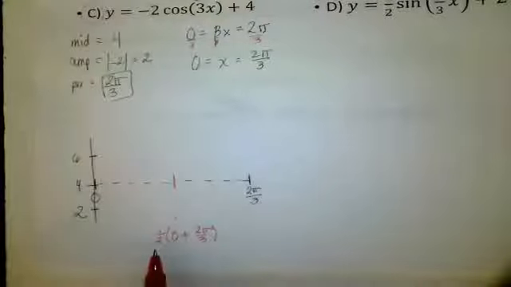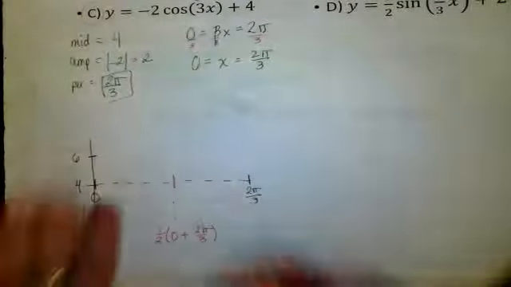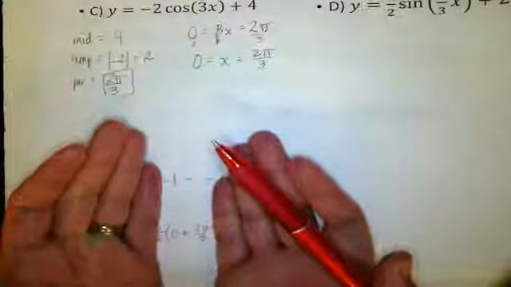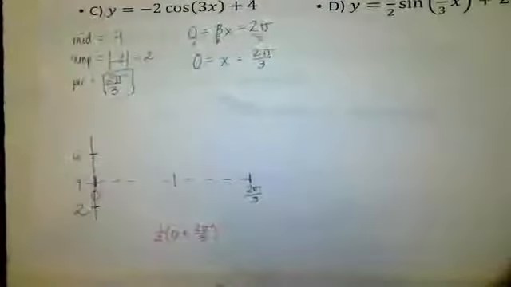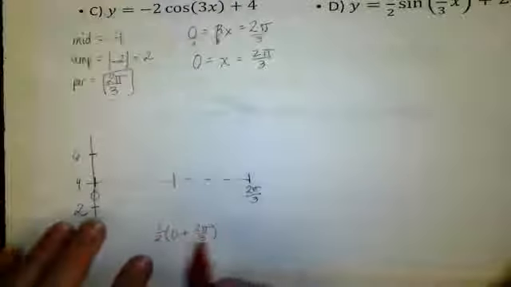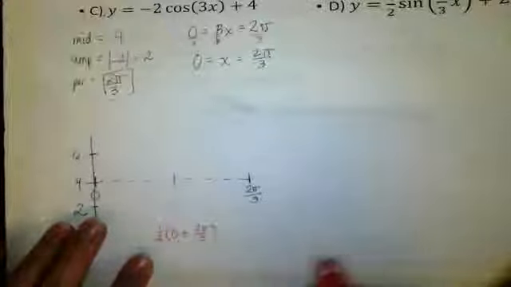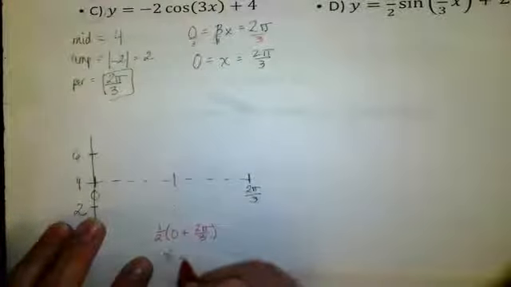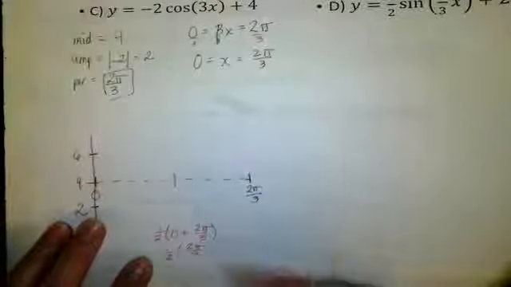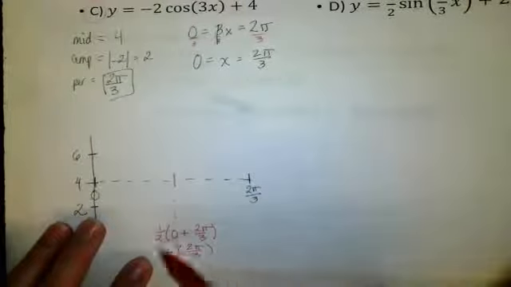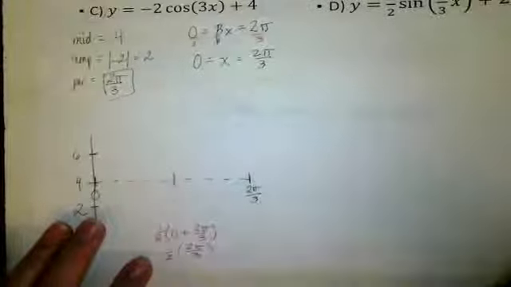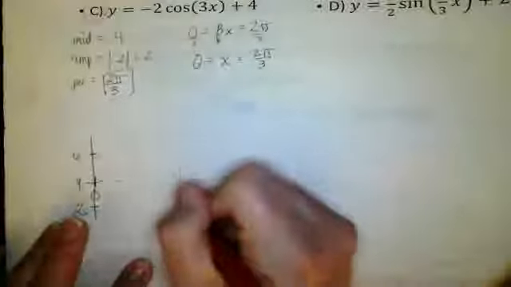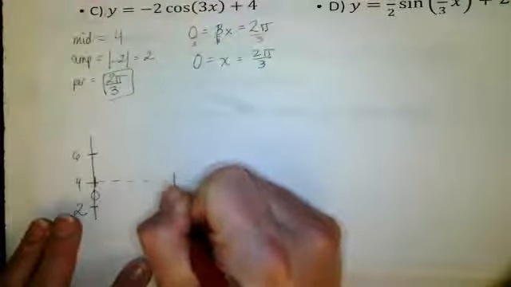So what's halfway between 0 and 2 pi over 3? If you work out the math, 0 plus 2 pi over 3 is 2 pi over 3, and that becomes 2 pi over 6, which reduces to 1 pi over 3. Okay, so that one was pretty easy.